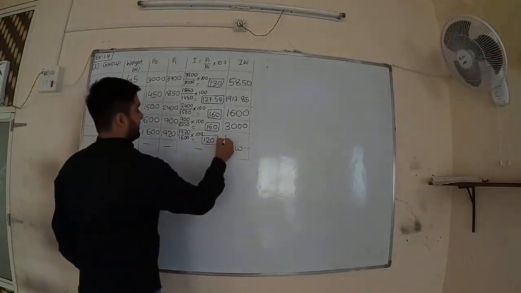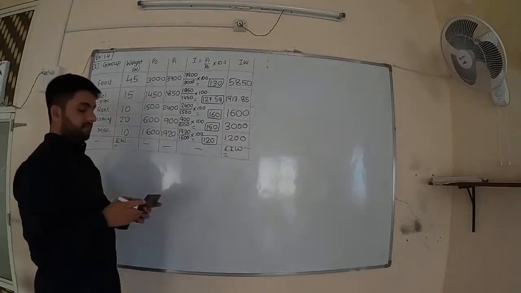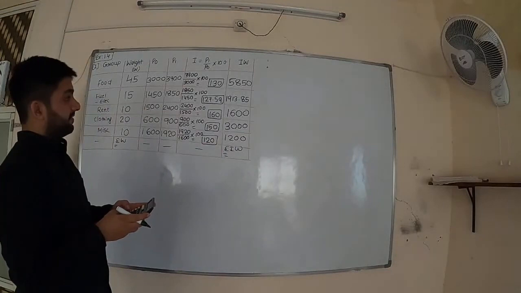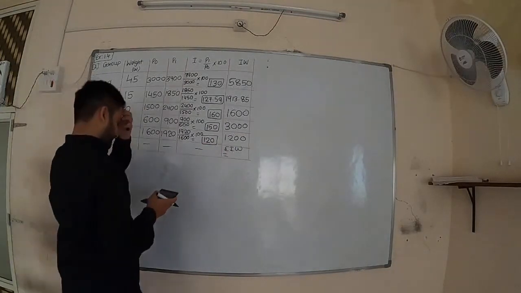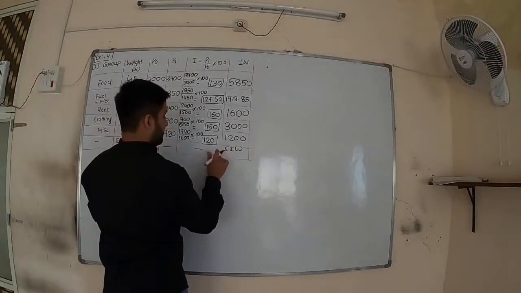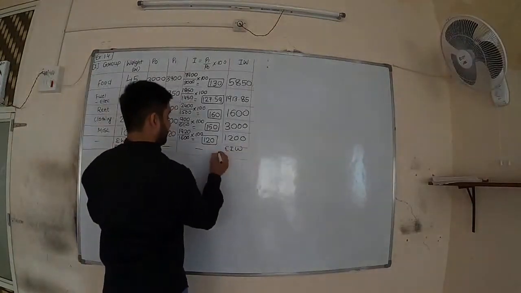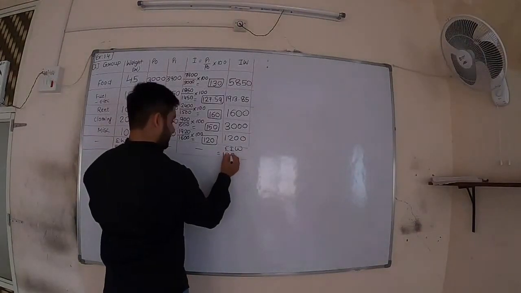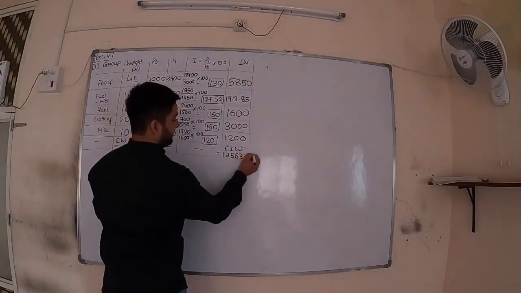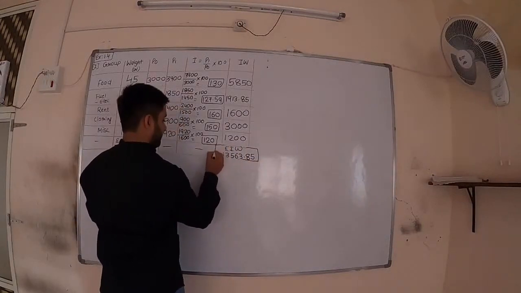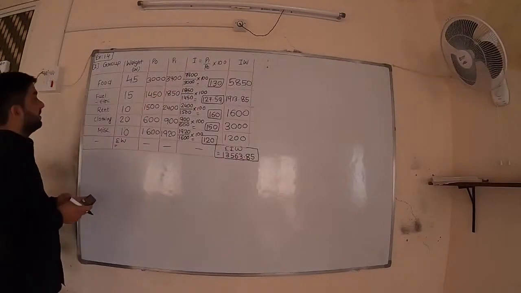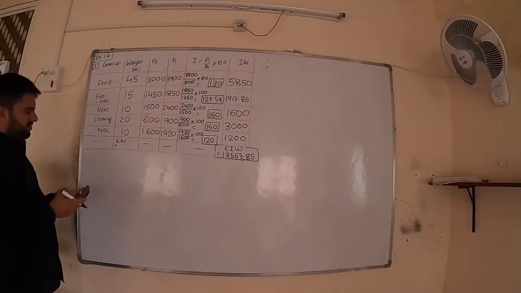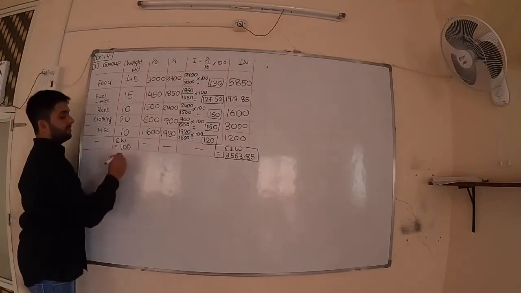Then 10 into 120 is 1200. The total is 13,563.85. Here also 45, 15, 10, 20, 10, so sigma W is always 100.